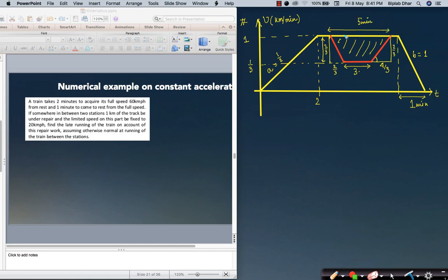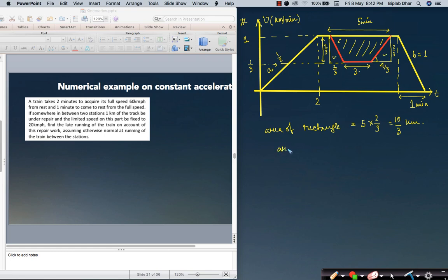So from 5 minutes, if I calculate the total area of the rectangle, that is 5 into 2 by 3, that is 10 by 3 kilometer. From there I will subtract these two small triangles.